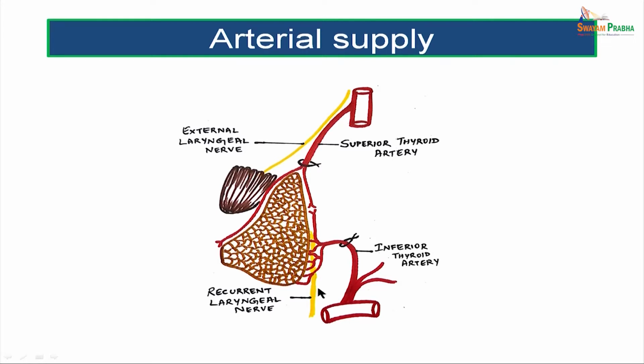It is also in relation to the suspensory ligament of Berry on the medial surface. It can be anterior, posterior or pass through the ligament. So, that is the recurrent laryngeal nerve.